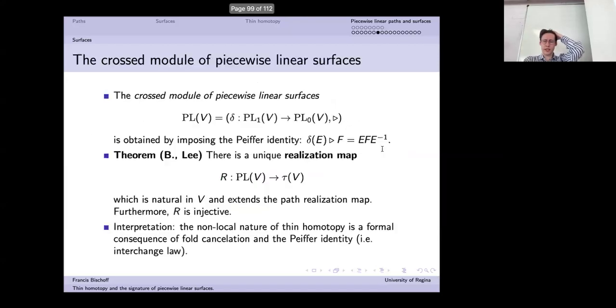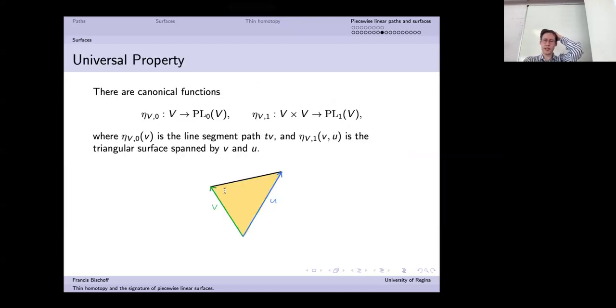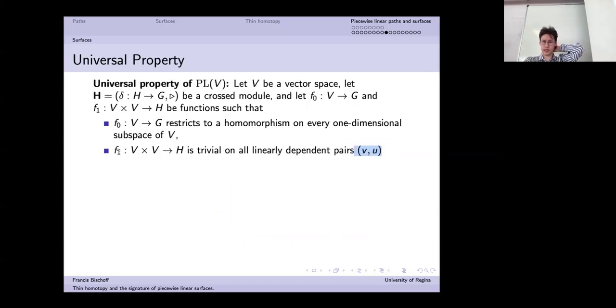Why? If V and U are linearly independent, then this surface is very thin. It just lives on a line, and therefore it is thinly null homotopic, so it should be trivial.